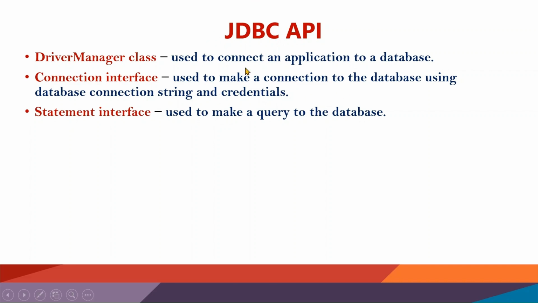By using that getConnection, we are able to connect to the database by providing some parameters. The Connection interface is used to make a connection to the database using a database connection string and credentials. So which database, and what user ID and password to connect to that database, we mention in getConnection. These two are interlinked, because once you use this class, the getConnection method is going to return this Connection reference variable.